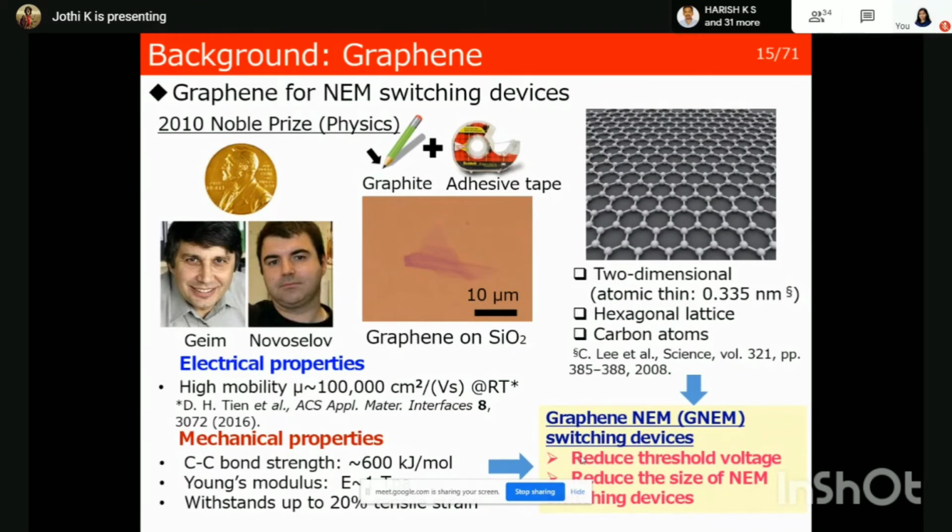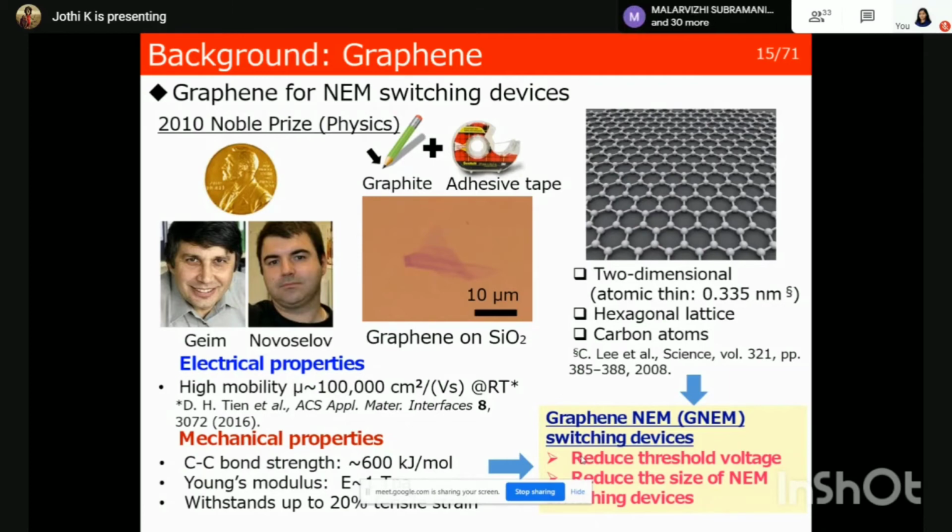So the combination of good electronic properties and exceptional mechanical properties makes it a very ideal candidate for NEMS switches, which need both qualities simultaneously. That's why we move to graphene-based electronic switches.